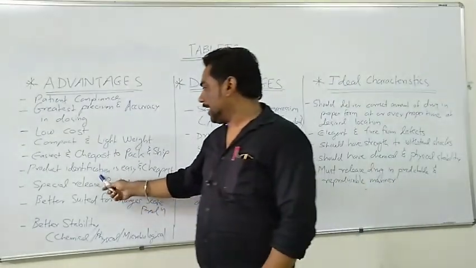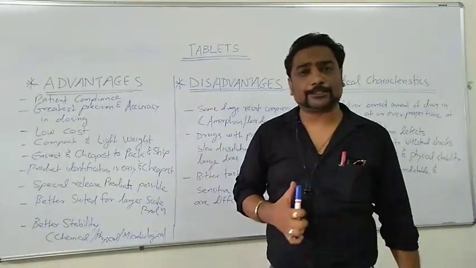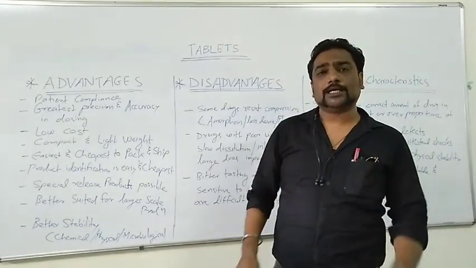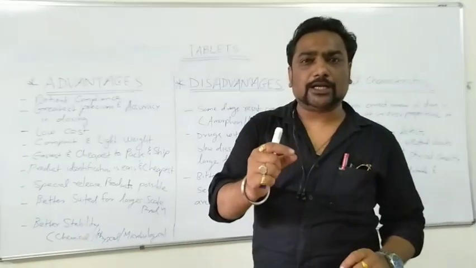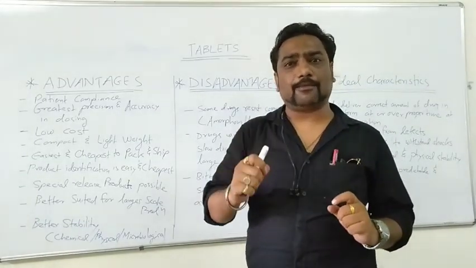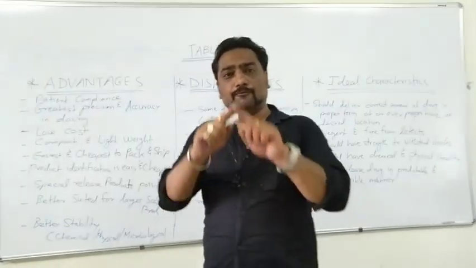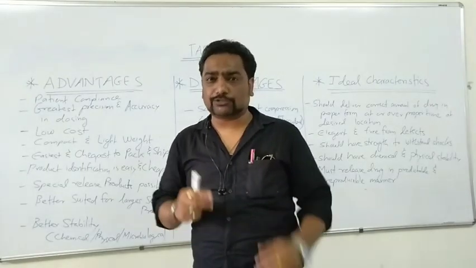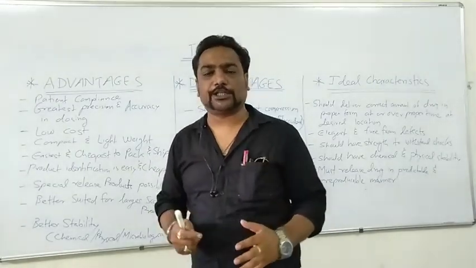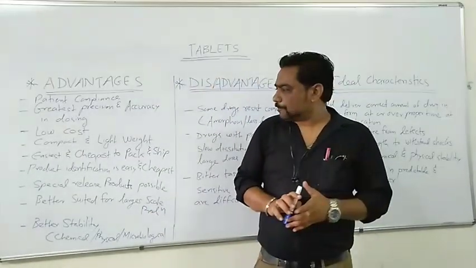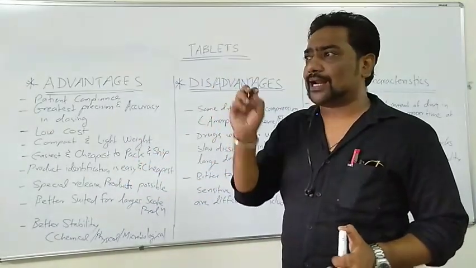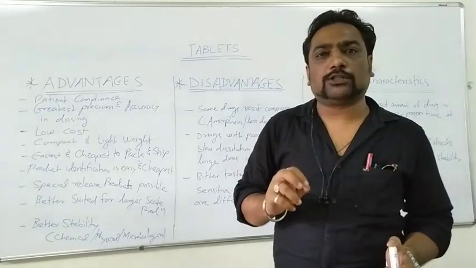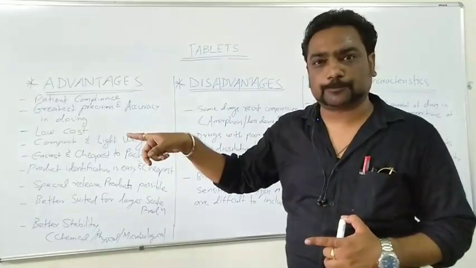Then product identification is easy and cheapest. Product identification means you must have seen tablets having some embossing or printing on them, or some kind of markings available on the tablet. That is called product identification. It is very easy to mark product identification on tablets as compared to capsules.